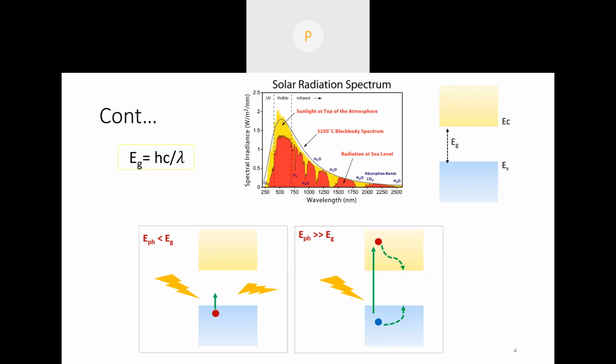So if your band gap is less than the photon energy, so photon energy is the energy of the photon which you are receiving from sun.